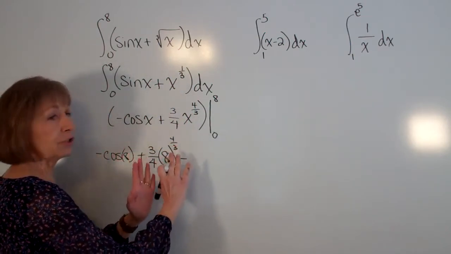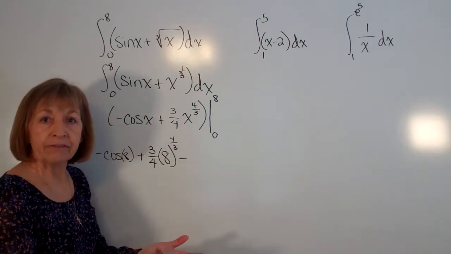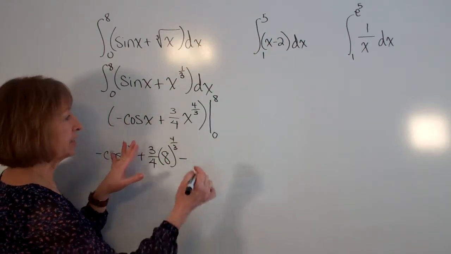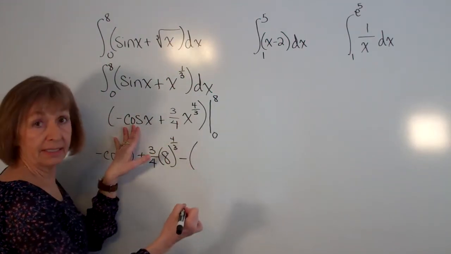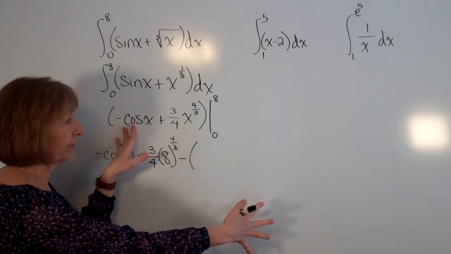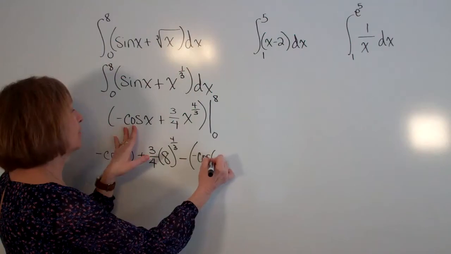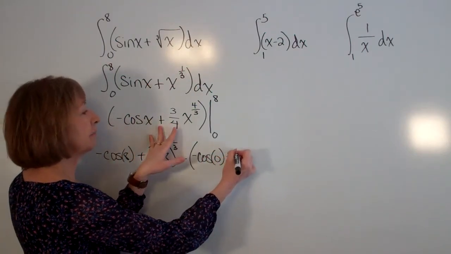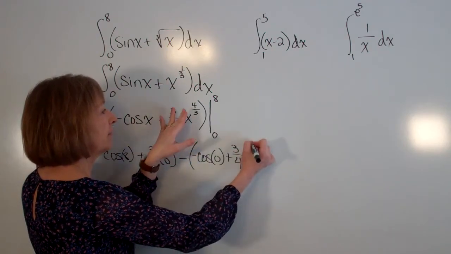So when I do that second part, when I subtract off an antiderivative evaluated at the lower limit of integration and it's more than one term in your antiderivative, you need to put parentheses to make sure you're subtracting the entire thing. So put in the 0, that's negative cosine of 0 plus my 3/4 times 0 to the 4/3 power.